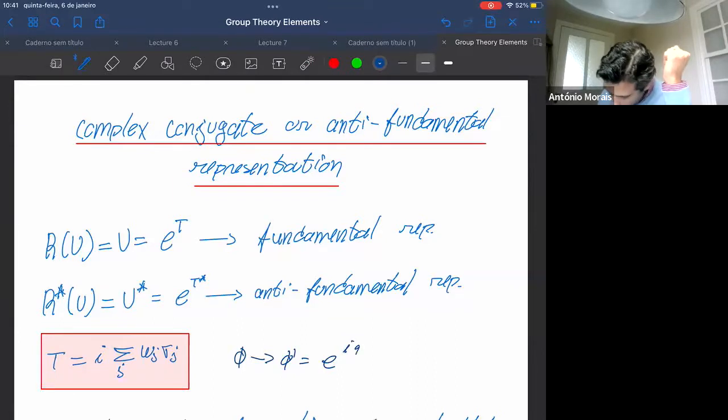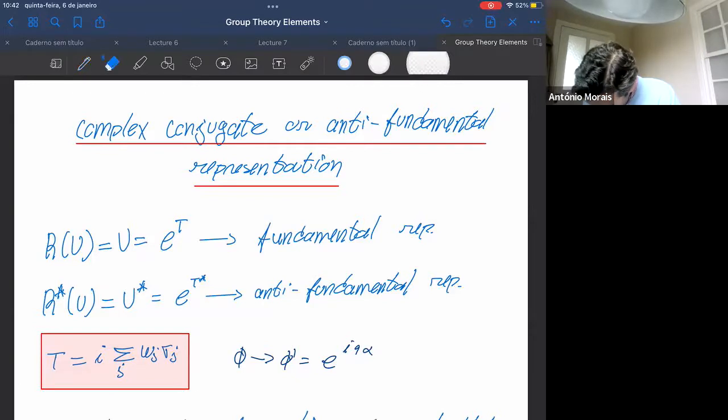Let me not put the charge, to remove some confusion. Just imagine that the charge is 1.